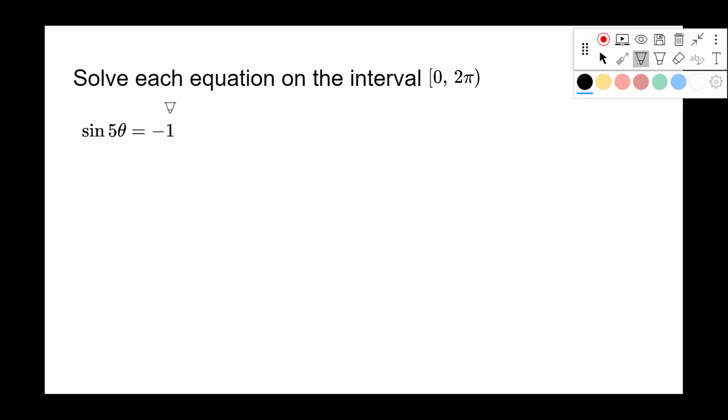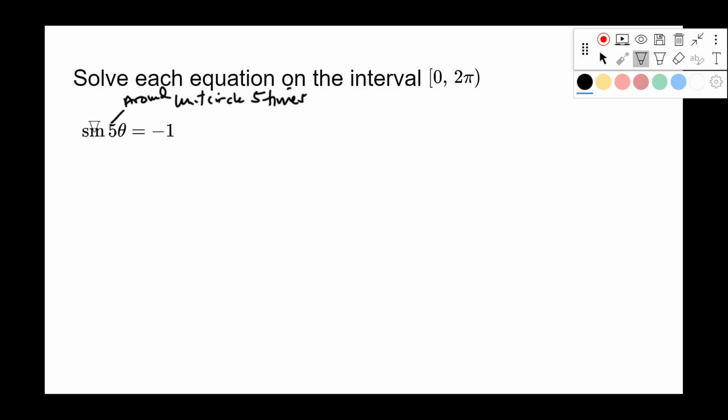Okay, so now, if you understood what I just did in the last example, you're thinking, oh my God, 5 theta. Because 5 theta means you're going to go around the unit circle 5 times. But it's actually not so bad.